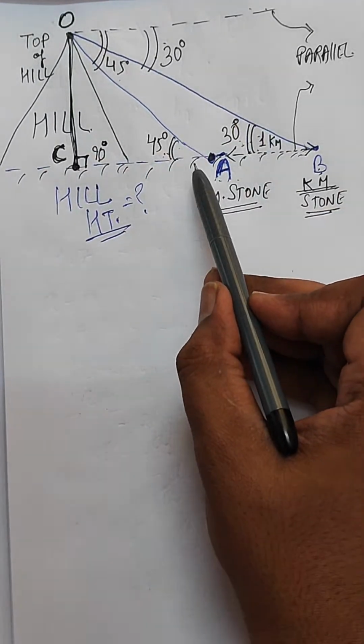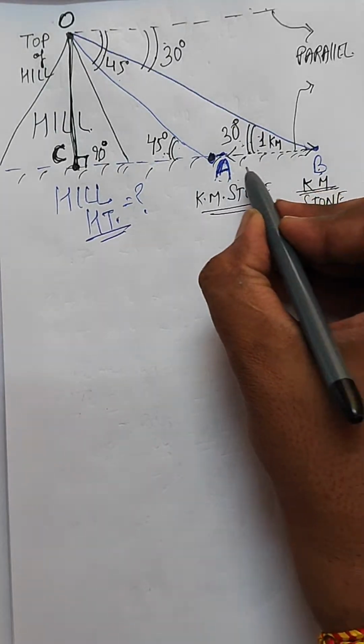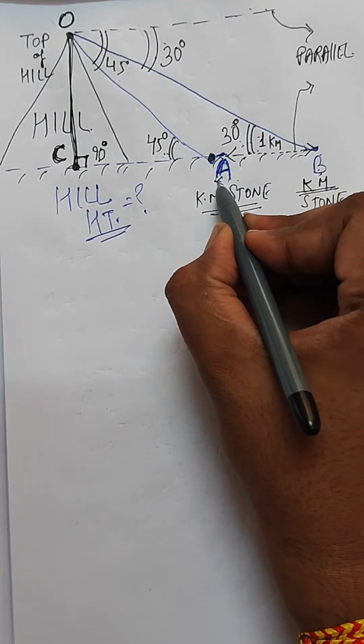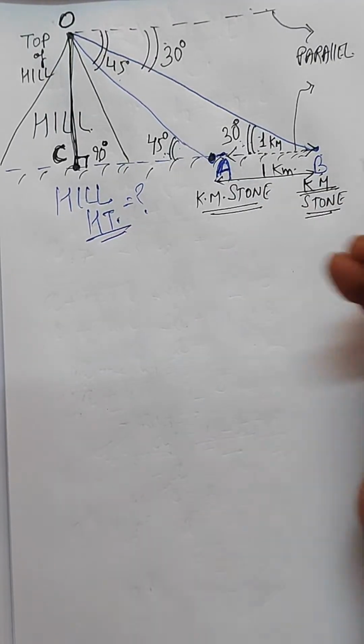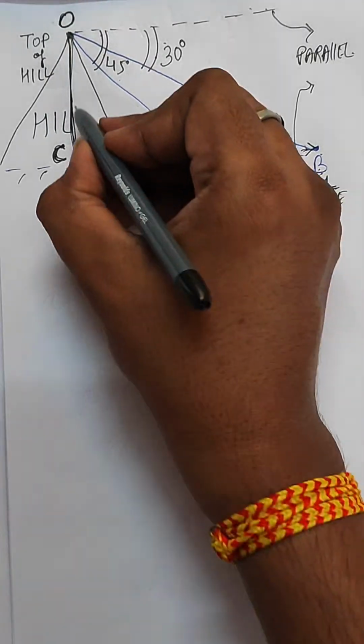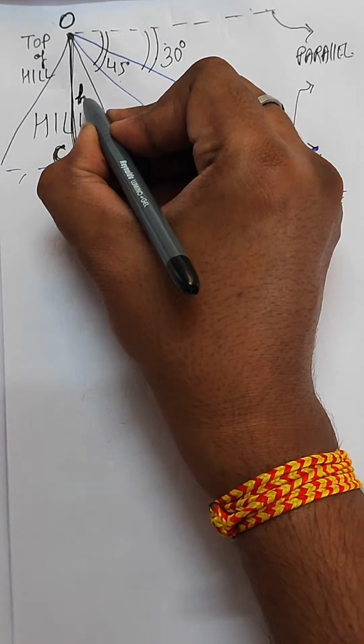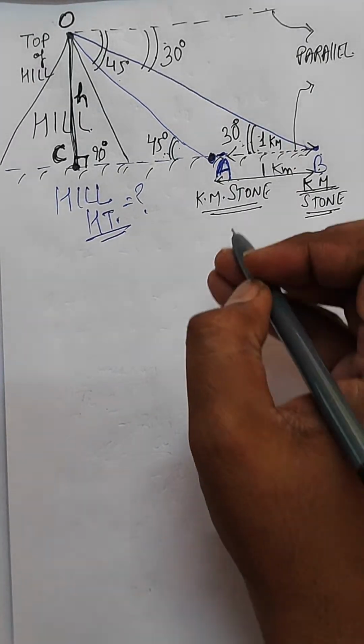Then consider the first triangle. So the distance between A and B is known to you being a kilometer stone. This is 1 kilometer, and let's say the height of the hill is H. Now what we can do, we can find the total distance.